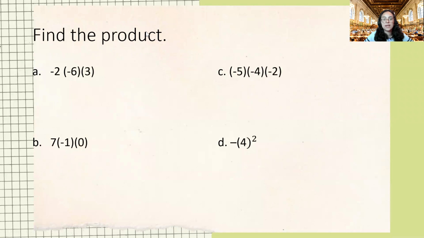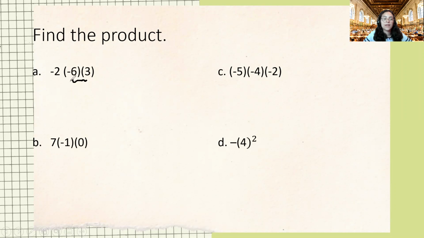So here is another example of finding the products, but we're going to be multiplying 3 numbers together. So we're going to be using the associative property. And in these slides, you can multiply them differently than I do. So for example, for A, I can start here with -2 times -6, right? But you may not like that. You may say, well, no, I want to start with -6 and +3.